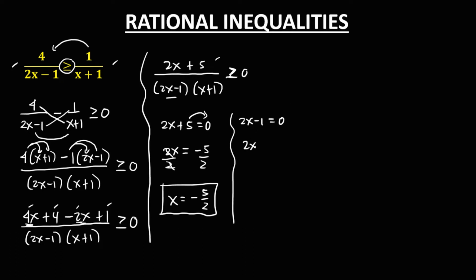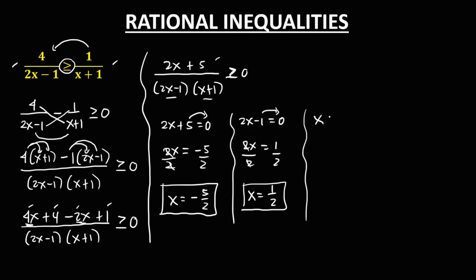So we have now 2x equals transpose, that's positive 1, then divide both sides by 2. So x is equal to positive 1 over 2. Then the last one, this x plus 1 equals 0. So x equals transpose, that's negative 1. So these are the three critical values.